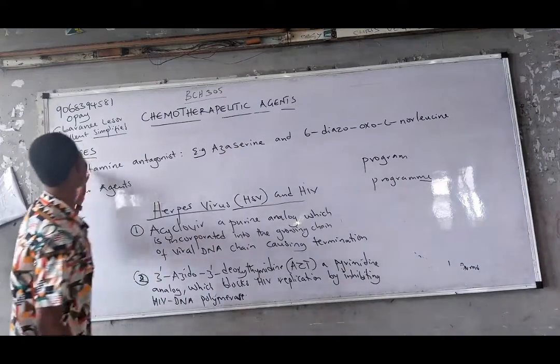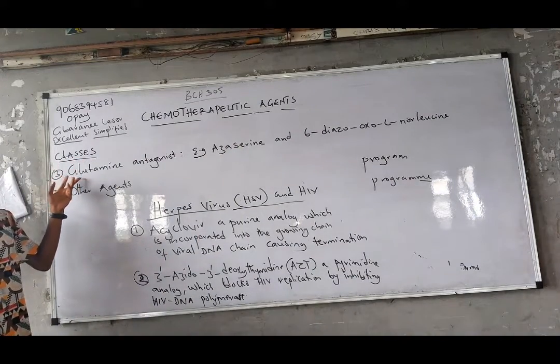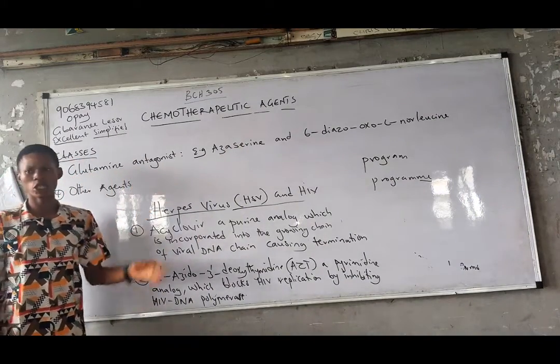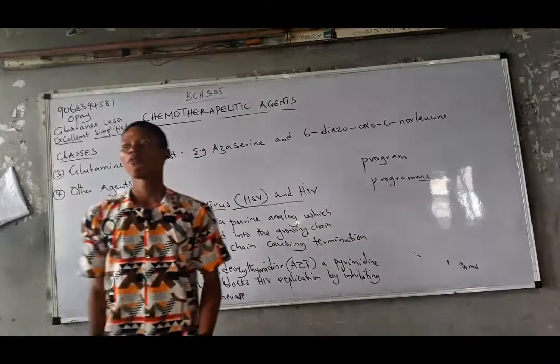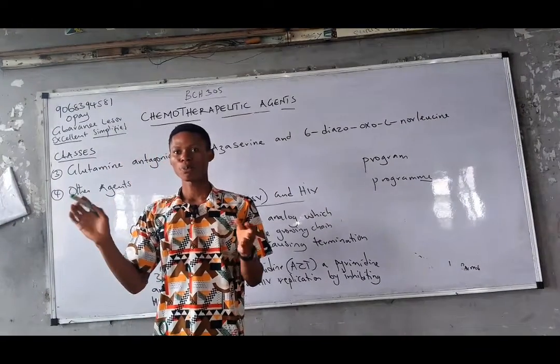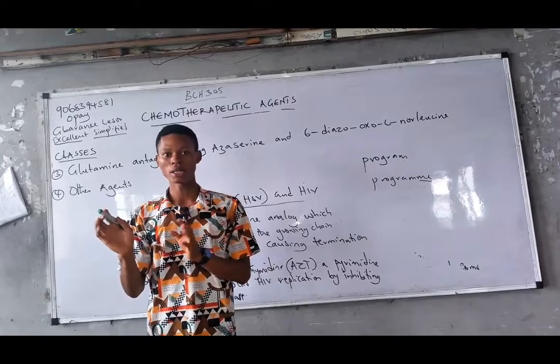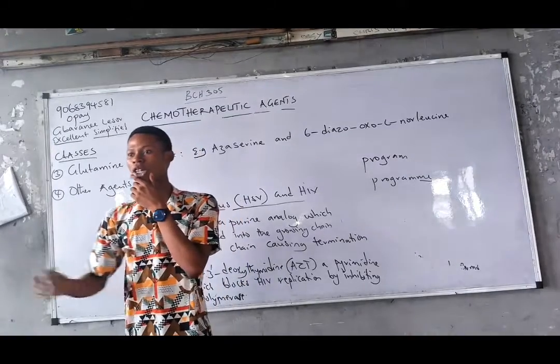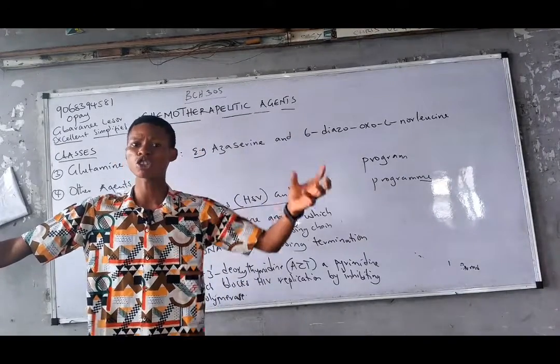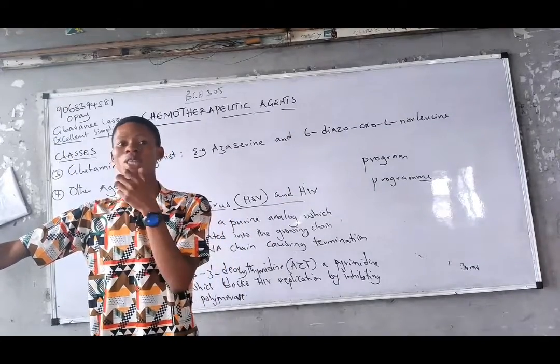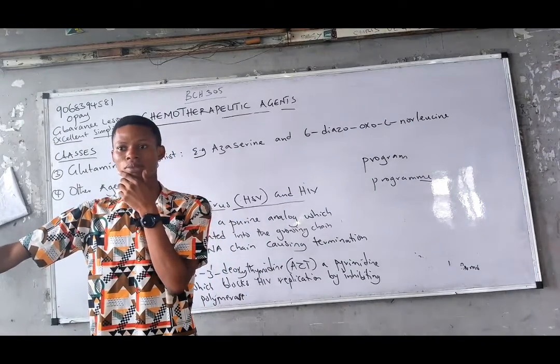Alright, so now number 3, glutamine antagonists. You agree with me from our idea of protein metabolism. When we talk about transamination, we know that glutamine is a very important molecule, right?